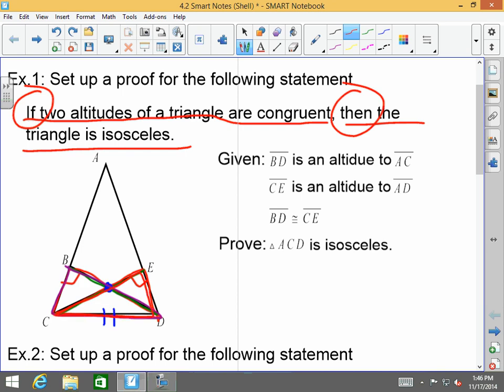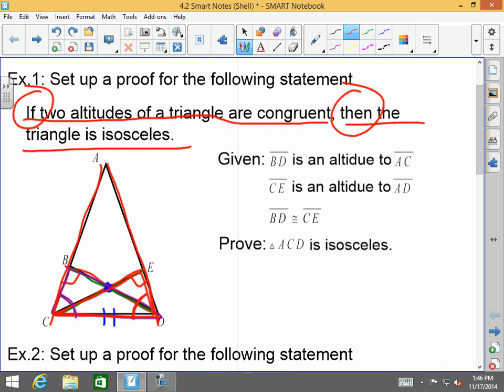So I would say then that angle BCD is congruent to angle EDC because of CPCTC. Once those two base angles are congruent, you would know that AC is congruent to AD, hence giving you an isosceles triangle. Does that make sense?